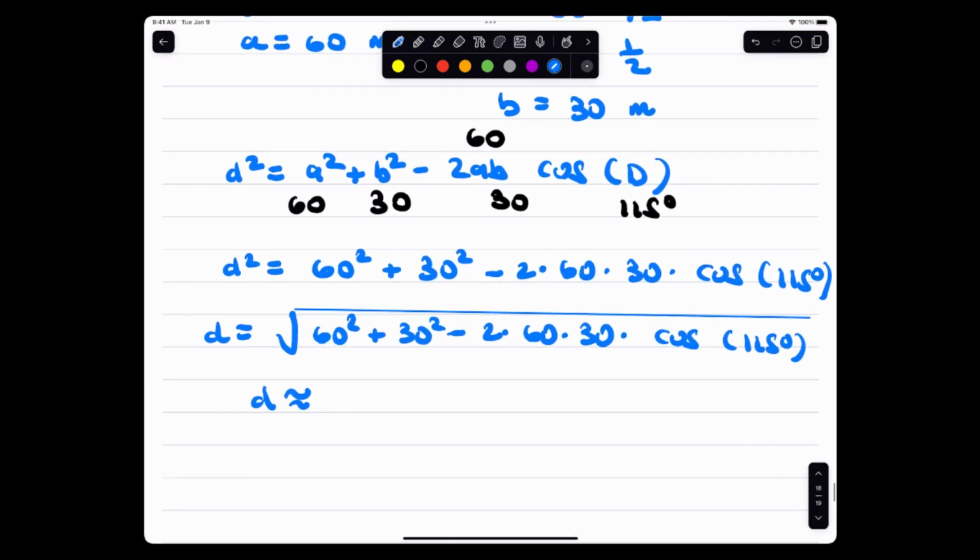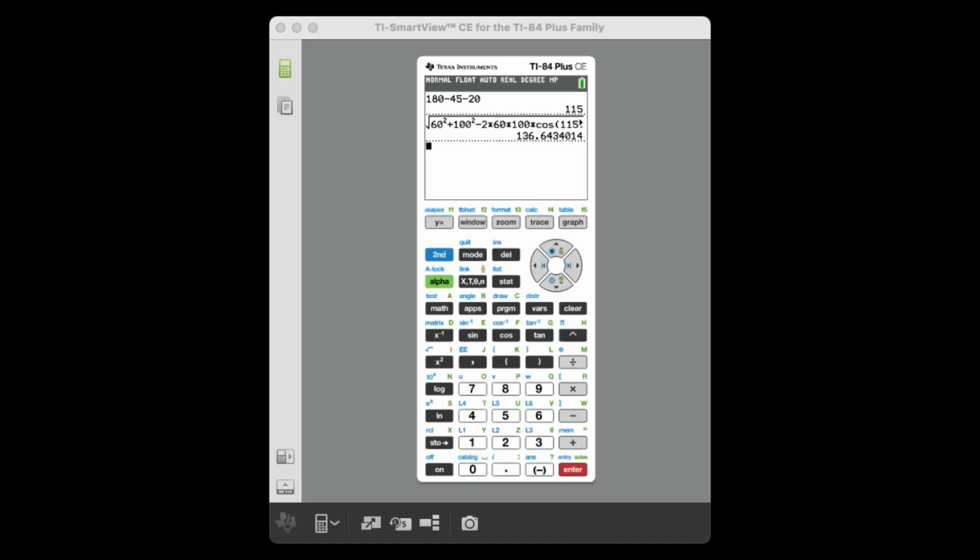Side angle side. So again, in your calculators, we say, okay, here we go. Clear that out. Second square root. 60 squared plus what? 30 squared minus 2 times what? 60 times what? Times 30 times cosine 115 what?